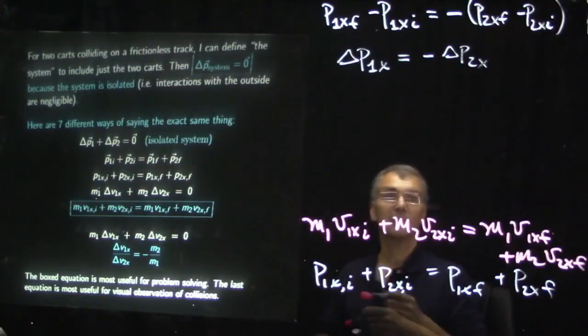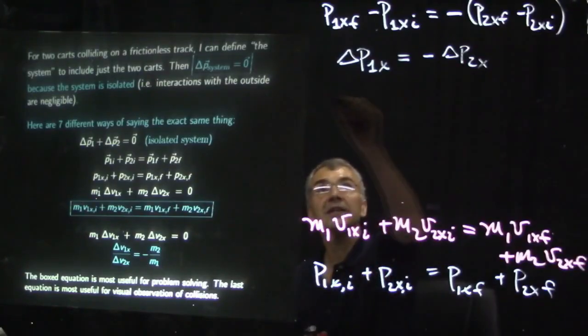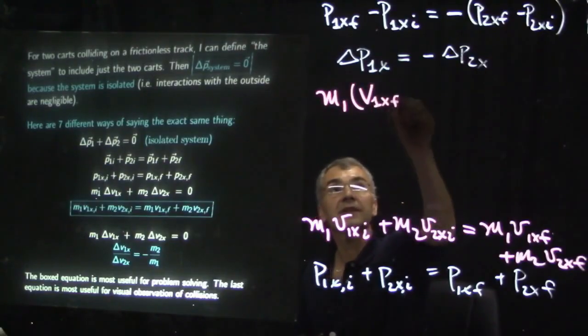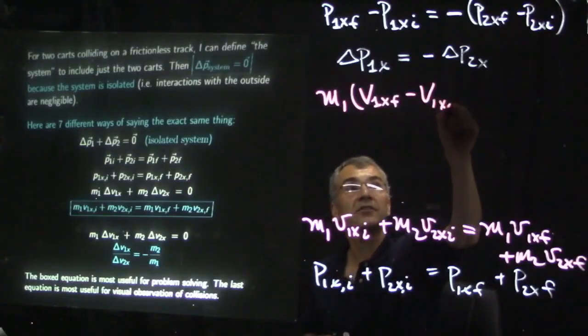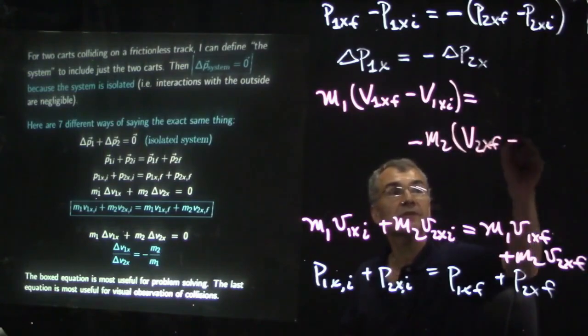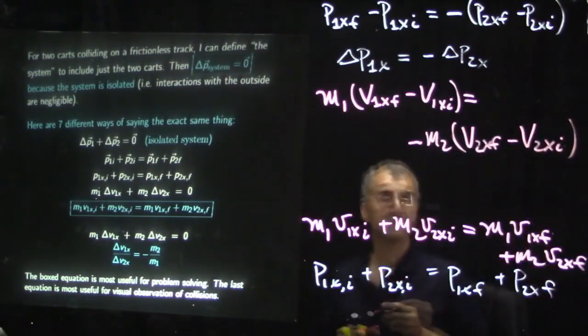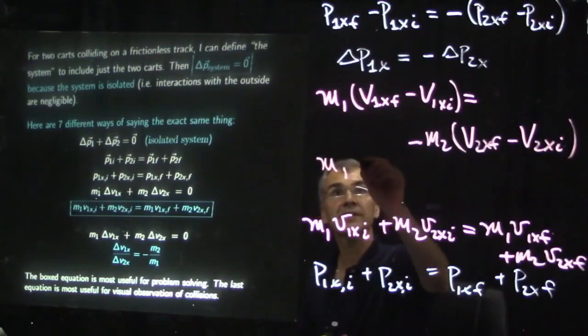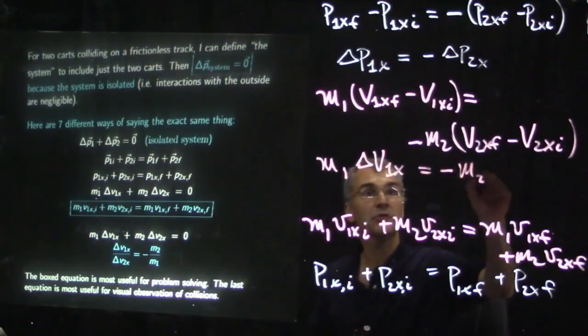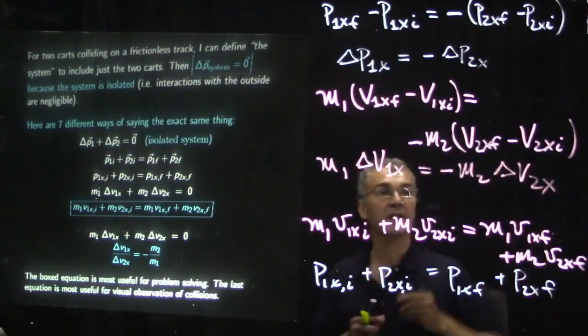What's the implication for changes in velocity? Well, we'll see that we have m1 times v1x final minus v1x initial is the opposite of m2 times v2x final minus v2x initial. Another way to write that is m1 times delta v1x is opposite of m2 times delta v2x.